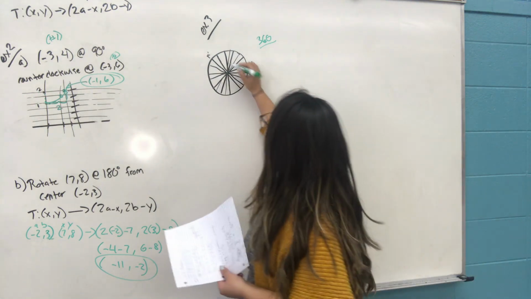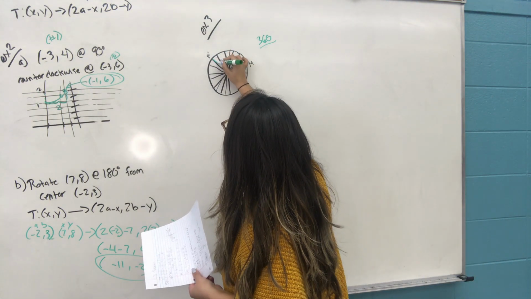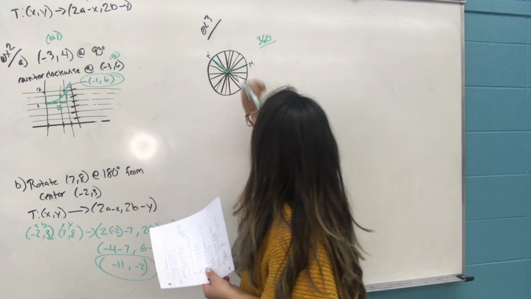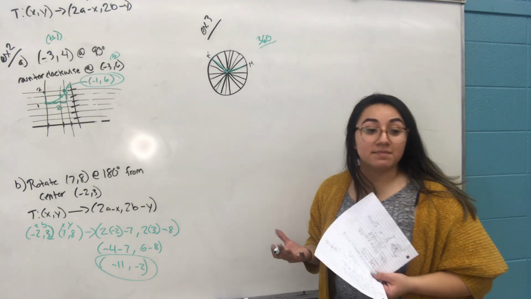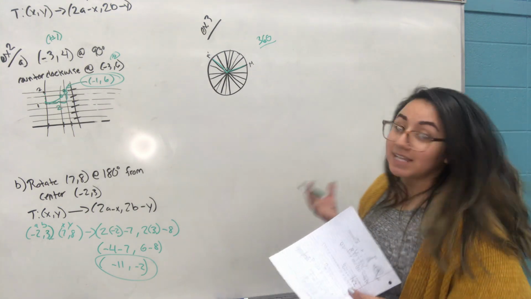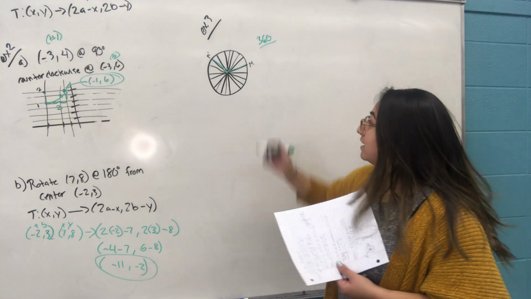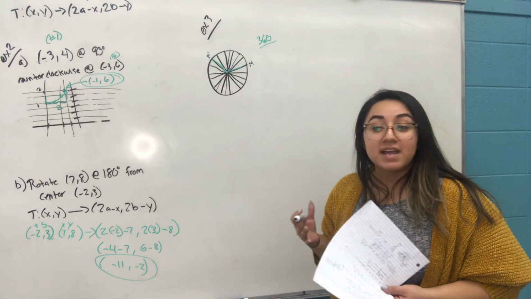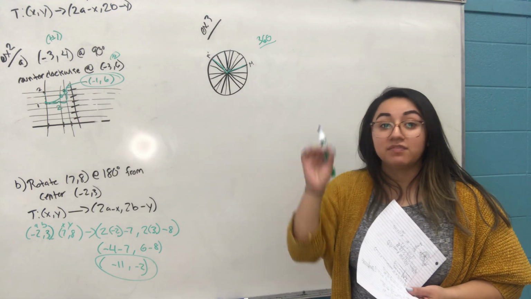We are trying to find the distance here to here. We're trying to find that angle there. So that's what they mean by the angle of rotation. To find that angle, we have to divide 360, because that's the sum of the angles, by the number of sections that there are. In the book, they use sections by the Ferris wheel.